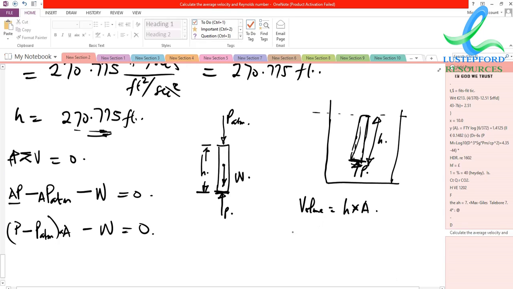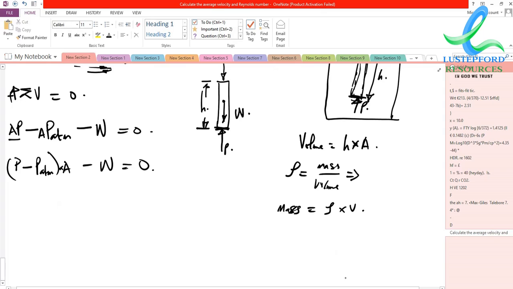Now the density is equal to mass all over volume. That means mass is the same thing as density times volume. So we have density times height times A.